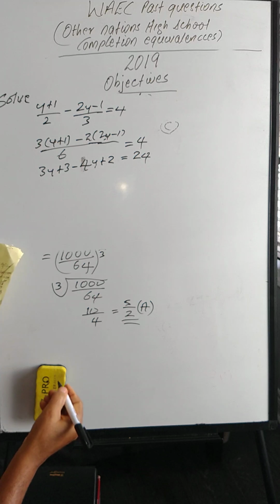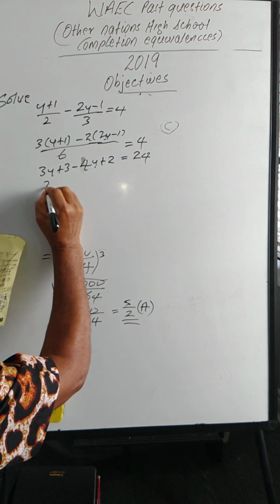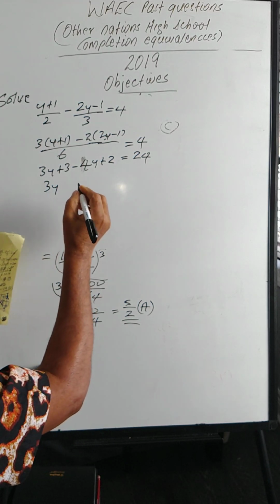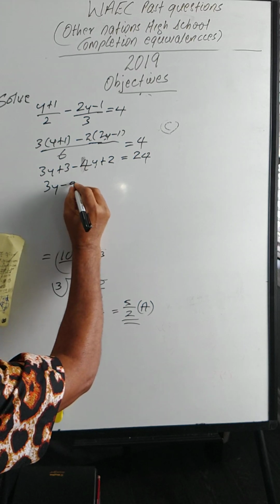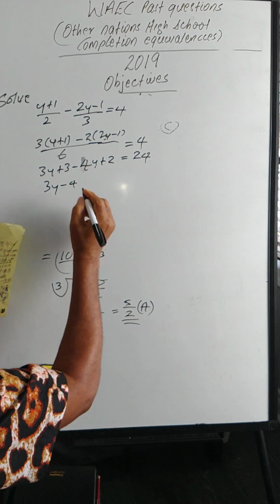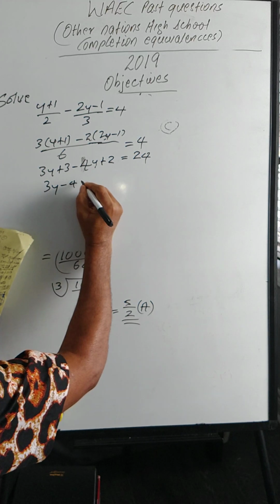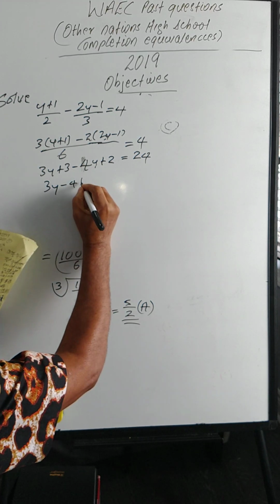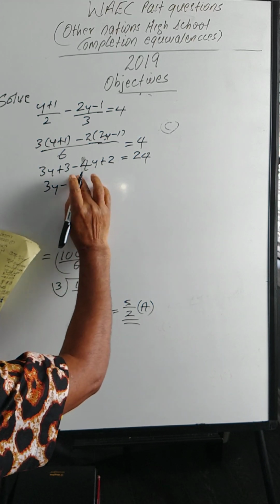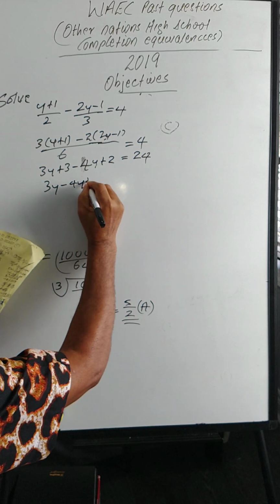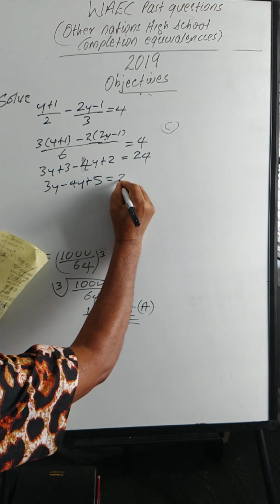We now collect like terms. We have 3y minus 4y, and this is equals plus 2 plus 3. That will give us plus 5. This is 3y minus 4y plus 5, and that is 24.